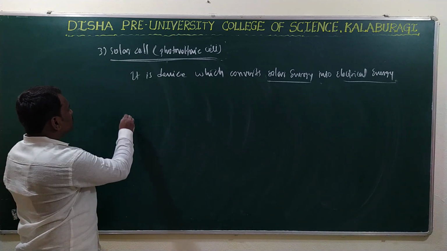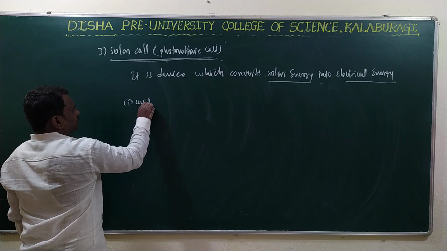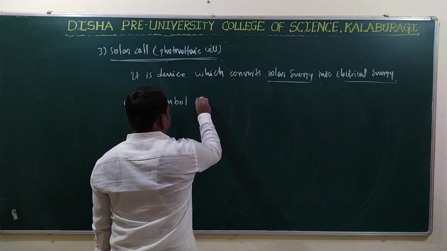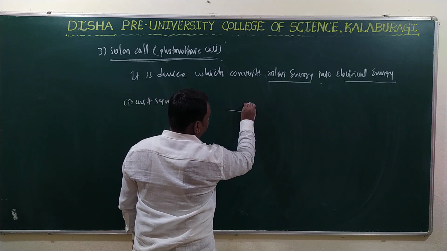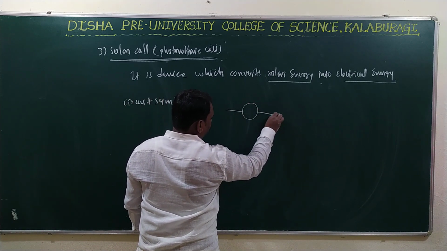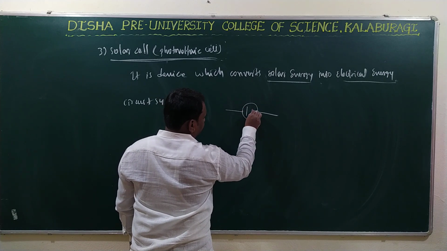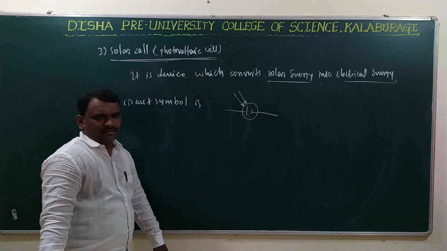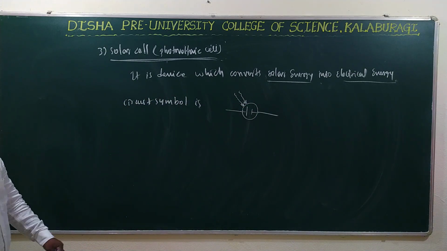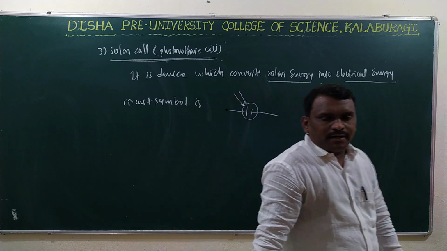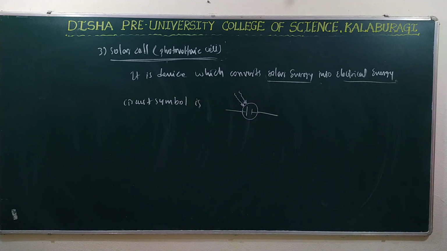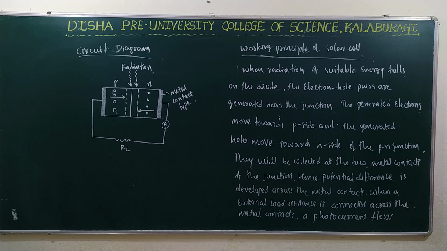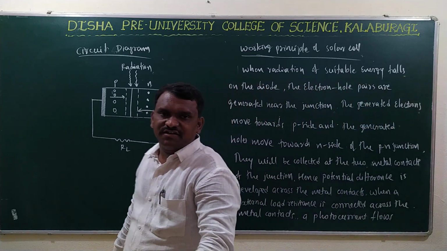Okay, next, circuit symbol. This is the circuit symbol of the solar cell or photovoltaic cell. Listen here.